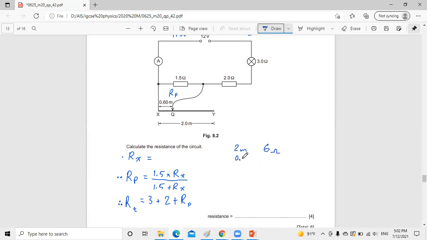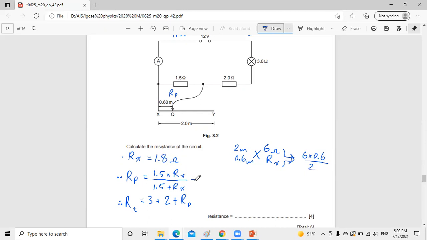For 0.6 meter long, how much is the resistance? That's Rx. By cross multiplication, the answer is 6 multiplied by 0.6 divided by 2, which is 1.8 ohm.